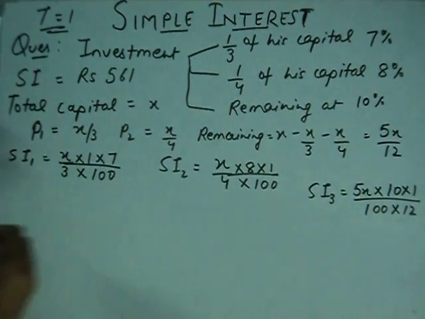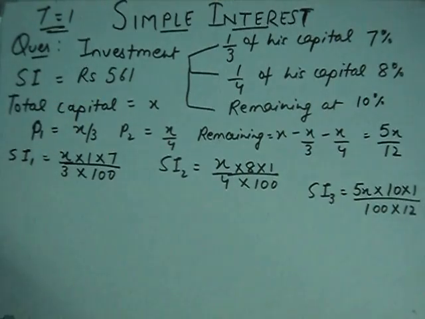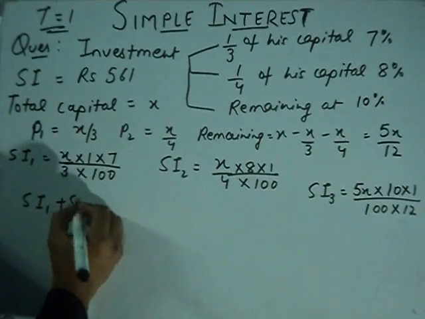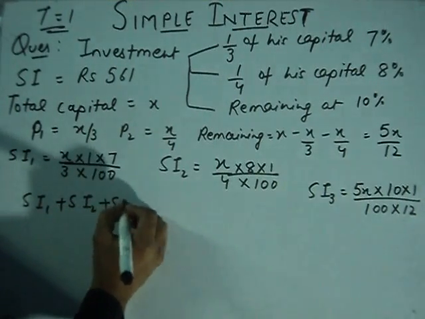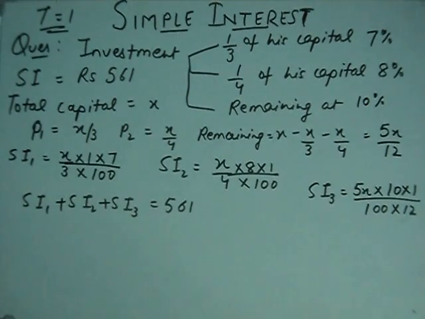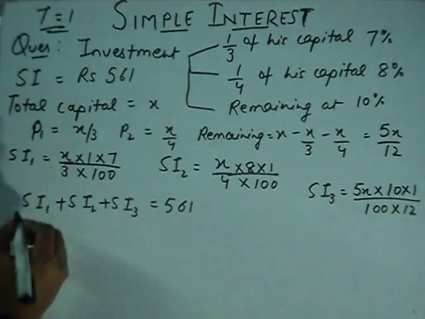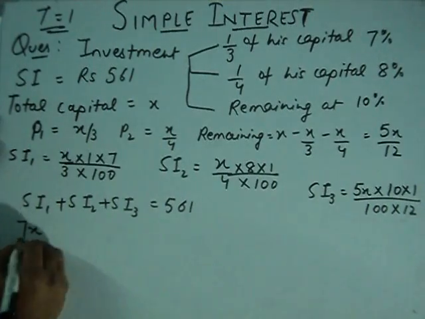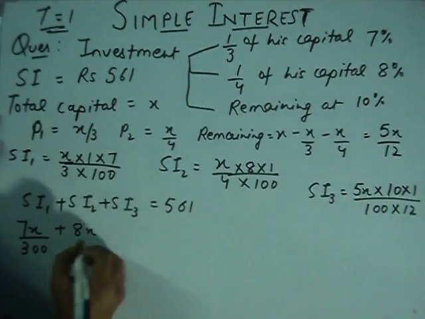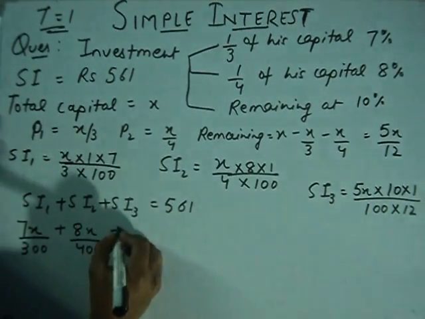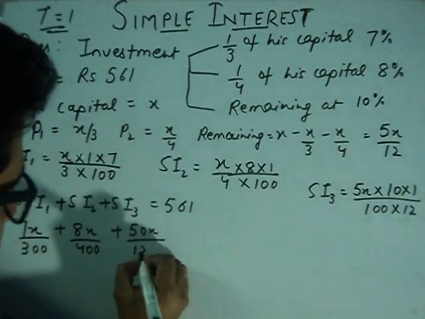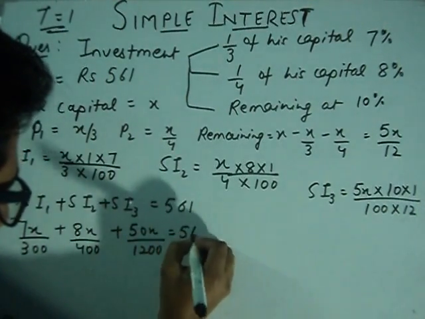In the question he is saying that he would get 561 as the final interest, so we write SI1 plus SI2 plus SI3 is equal to 561, meaning 7x by 300 plus 8x by 400 plus 50x by 1200 equals 561.